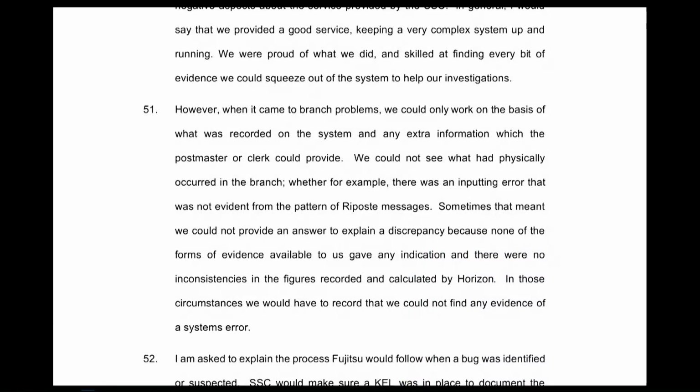You say in this paragraph here, you couldn't see what had happened in branch, whether there was an error inputting that wasn't evident from a pattern of Riposte messages, and therefore you were left with no evidence of a systems error. In those circumstances, couldn't you use the ARQ data? No, because I'm not saying here that we couldn't see what had happened in the branch.